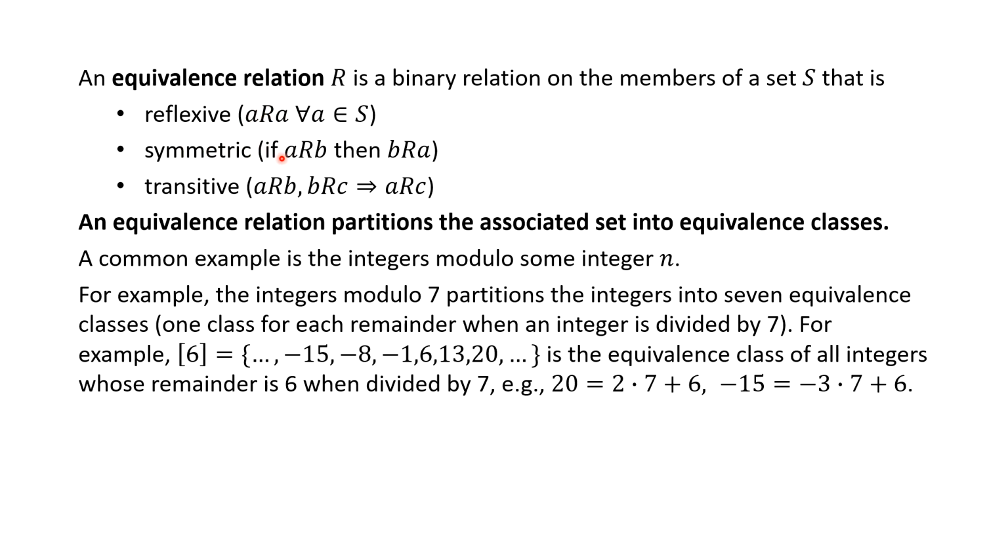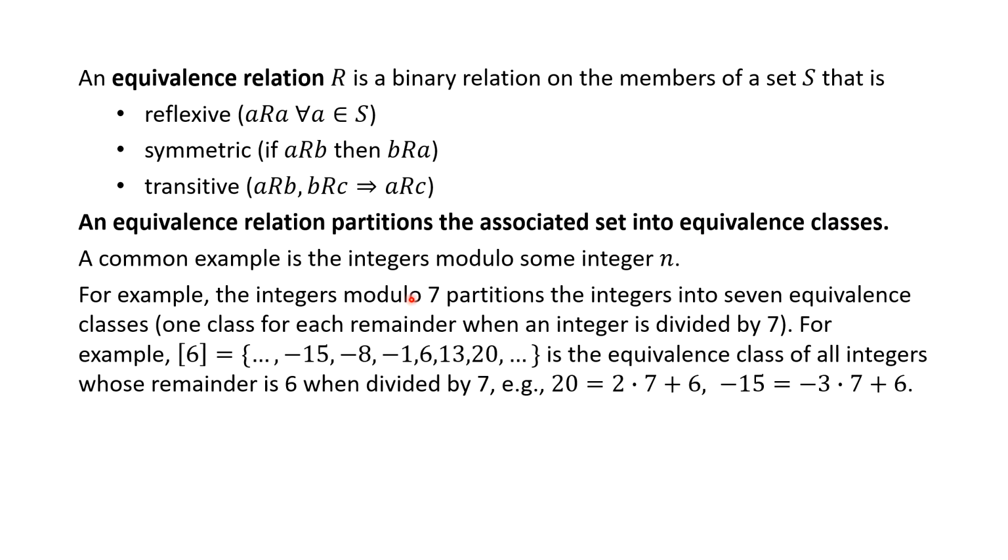Symmetric means if a is related to b, b is related to a. Transitive is if a is related to b and b is related to c, then that implies a is related to c. So the important thing is that if you have an equivalence relation, your set is divided into what are called equivalence classes.